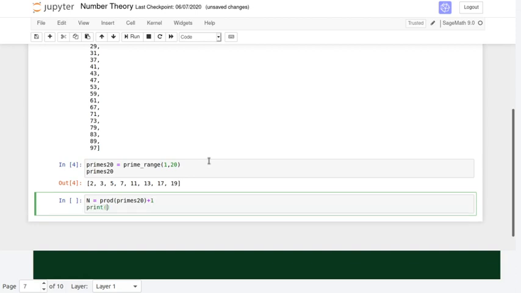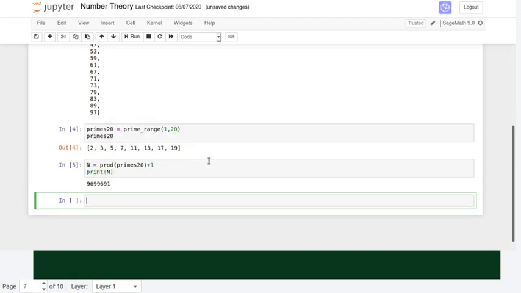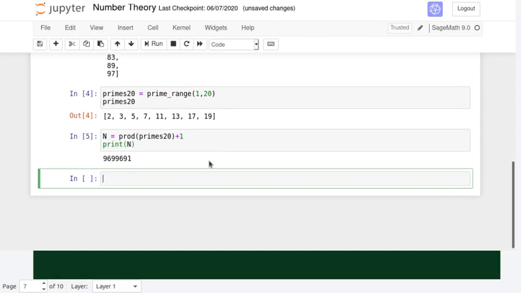And what is this N? We get a somewhat large number, 9699691. Very good. We are getting such a huge number.